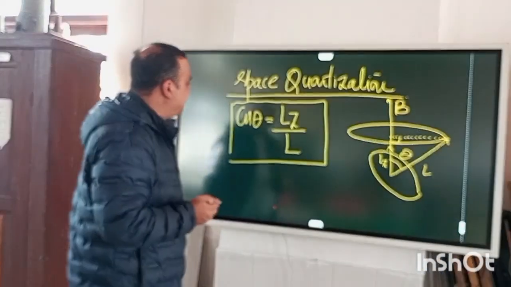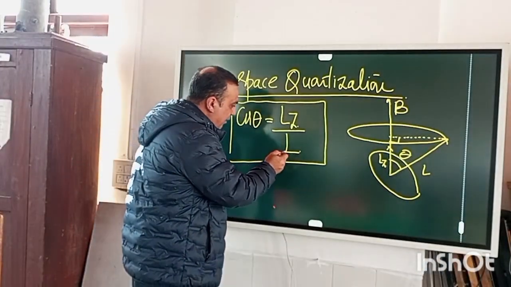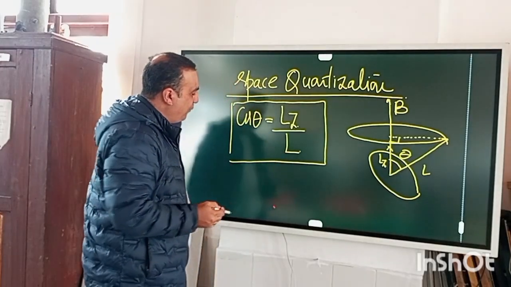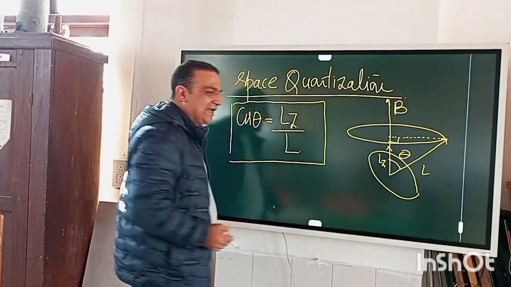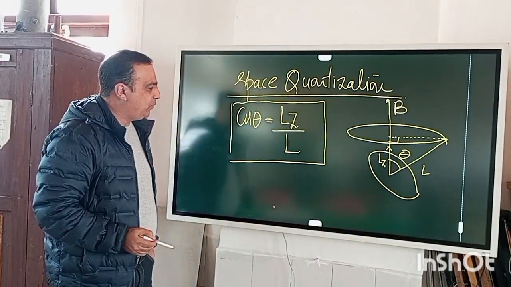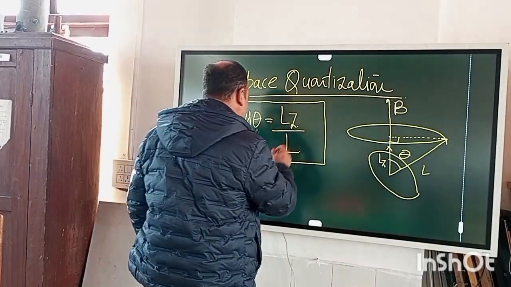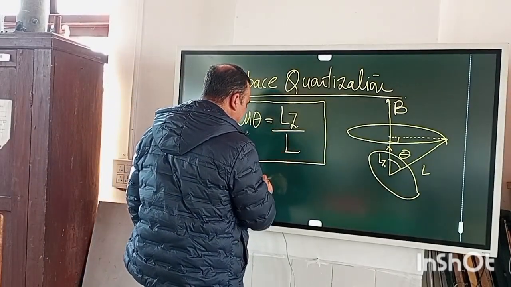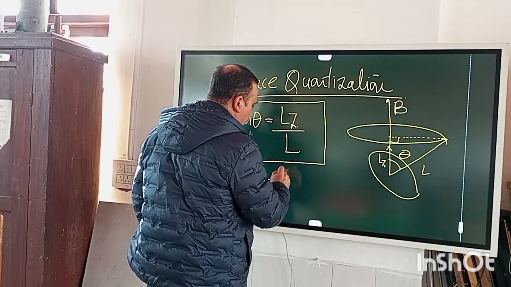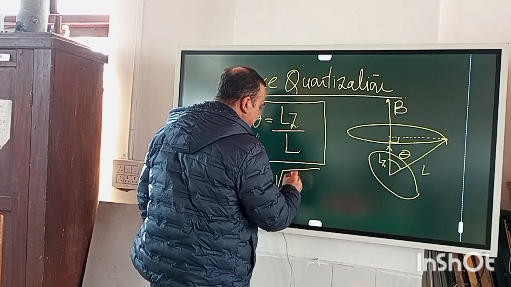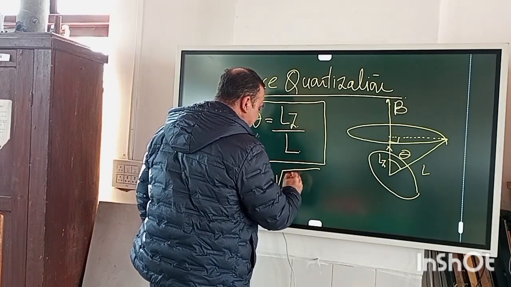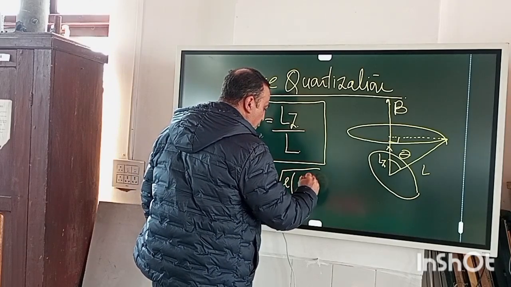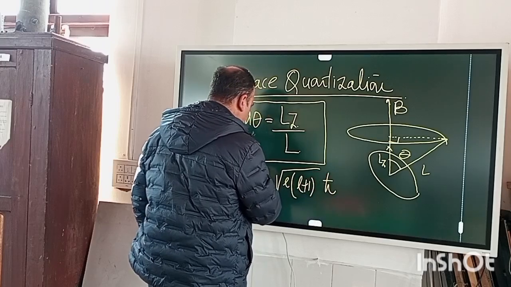Now, we can see here that this L for one electron atom, we have already calculated by solving the Schrodinger's wave equation, and the magnitude of this L is the square root of l times l plus 1, times h bar.